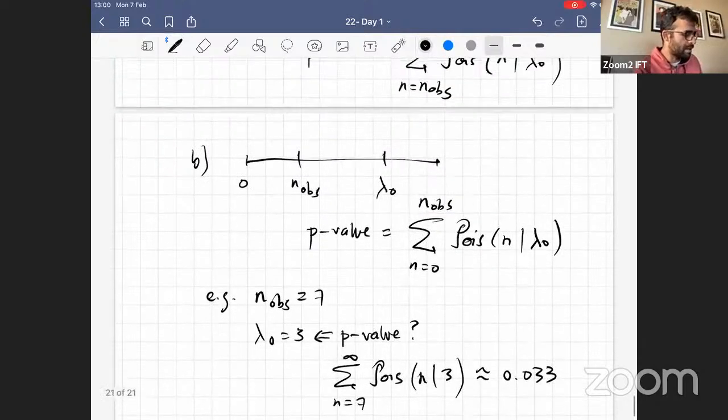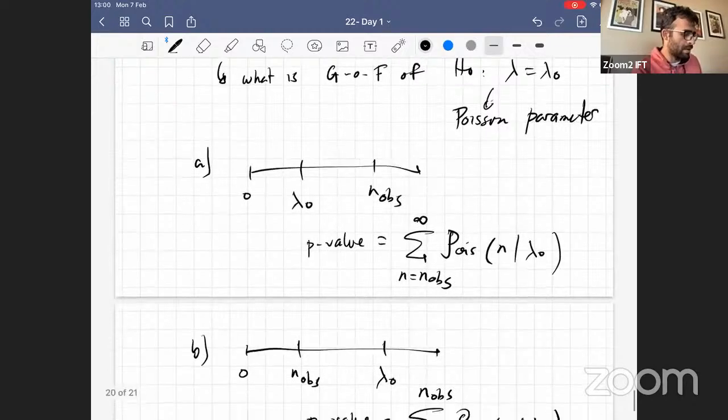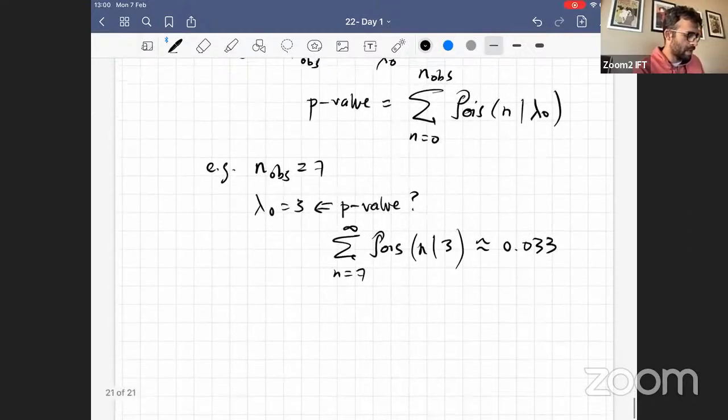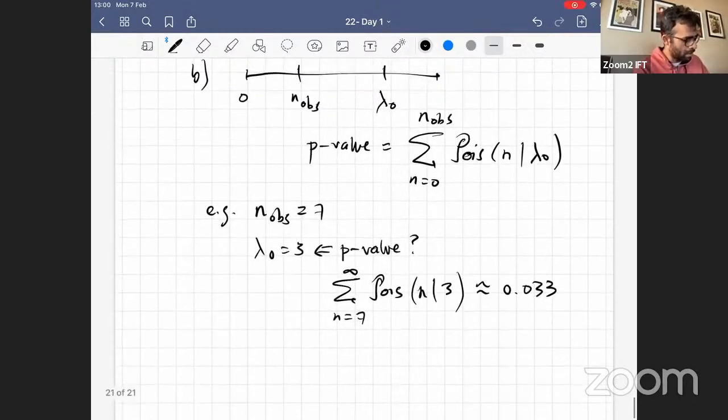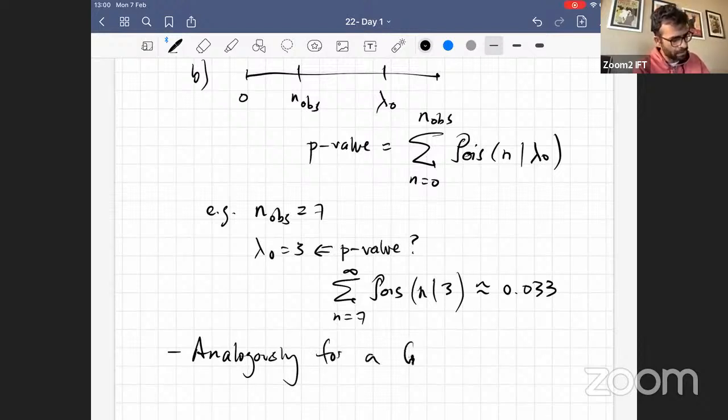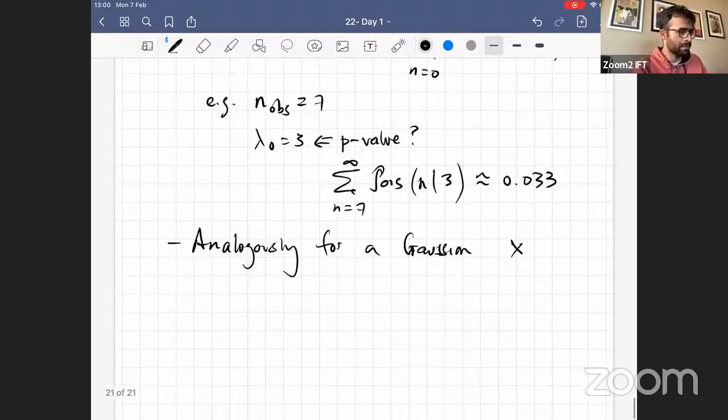This is a simple example coming from a Poisson variable, but then you have analogously the p-value for a Gaussian variable x.